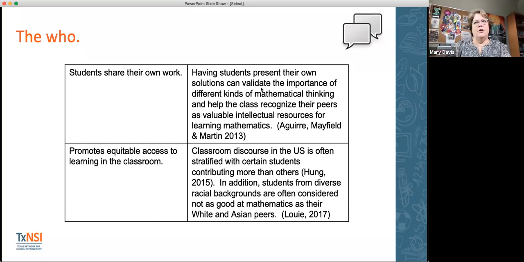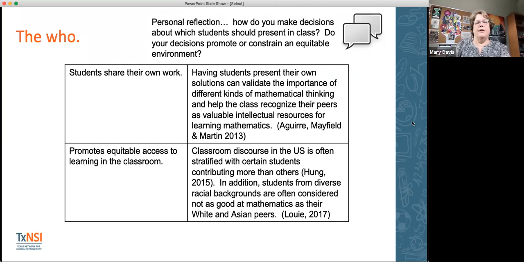So what I want you to do now, that's why the little think box is up there, is some personal reflection. And folks, I don't care if you're sitting with a group of 100 people right now. This is personal. How do you make decisions about which students should present in class?